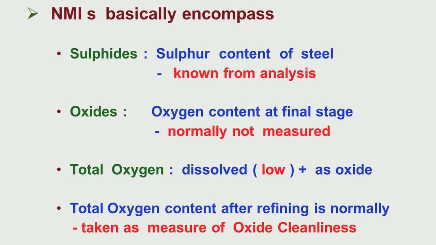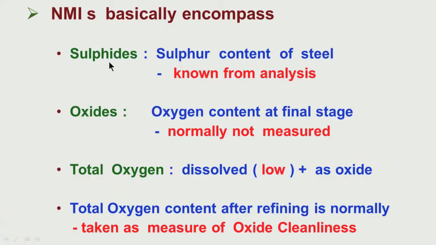Now let us talk about these NMIs, non-metallic inclusions. I have told you they can be sulfides or oxides or oxysulfides. Now the sulfur content of steel is normally known from the analysis. When you are analyzing the steel, we know whether the sulfur content is 0.015, 0.01, 0.005 or not.